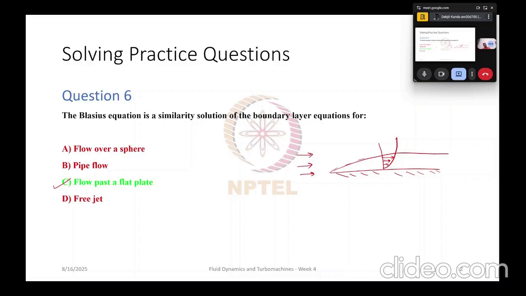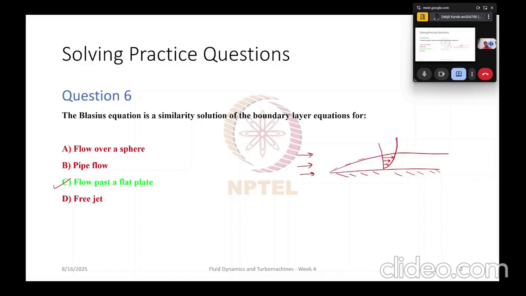and finding this velocity profile is very crucial, especially for understanding what is the shear stress, as well as in case of heat transfer, what is the temperature gradient, and that dictates the rate of heat transfer between the solid plate and the fluid flowing over it.